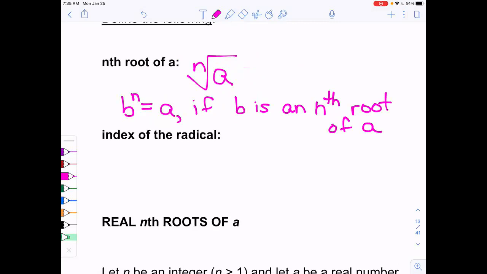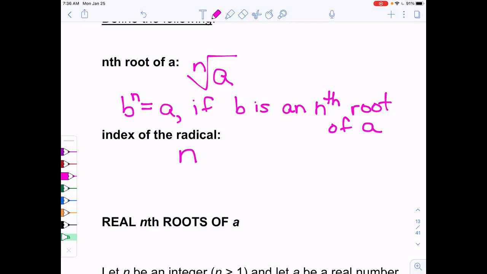And then we said the index of the radical is the actual n. That's called the index. So a third root, a fourth root, a fifth root.